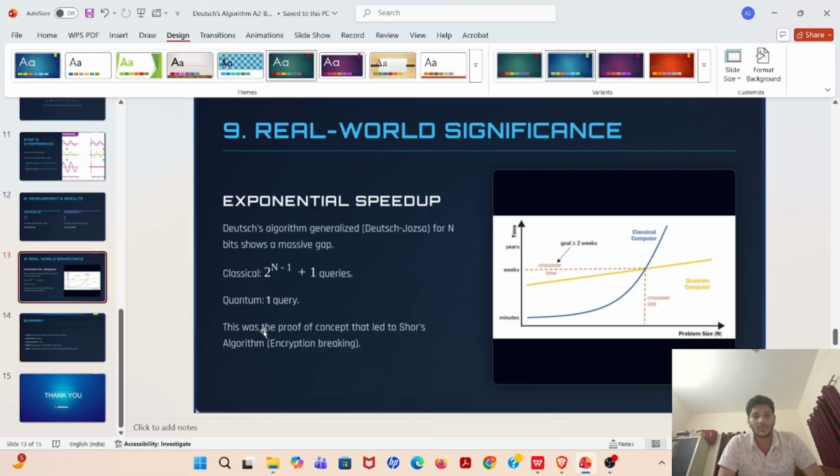This is the proof that in the real world the algorithm is very useful. Quantum computers are better than the classical ones, as it gives a step by step procedure.